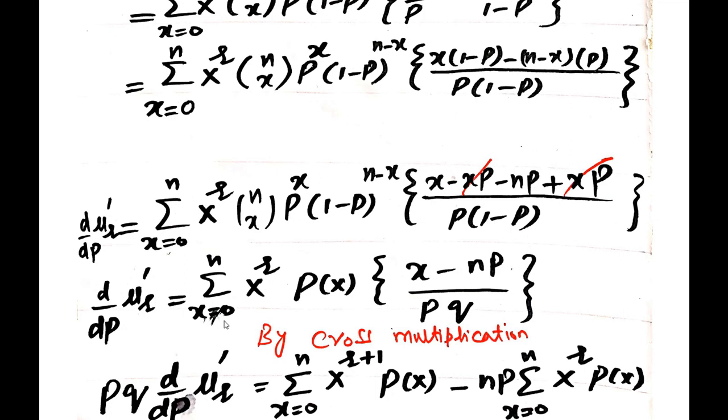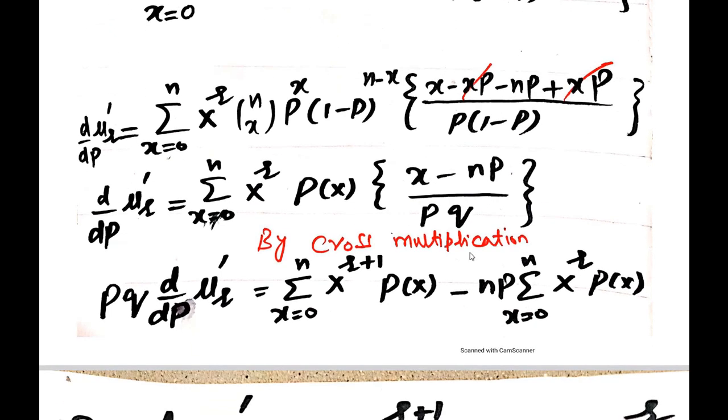So sum of x equal to 0 to n, x power r, p of x, times x minus np over pq. By cross multiplication, take this pq term on the right side: pq d over dp of mu r prime is equal to the sum of x ranges from 0 to n, x power r plus 1.